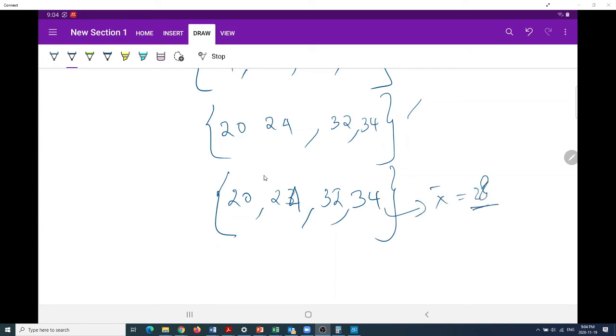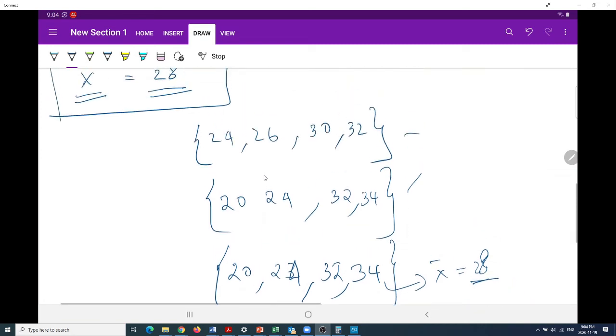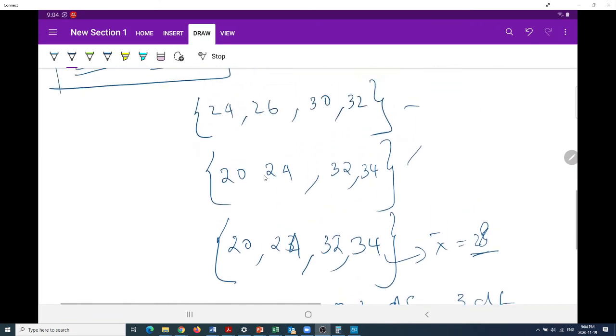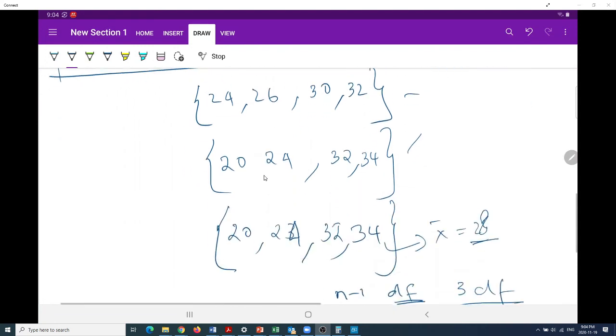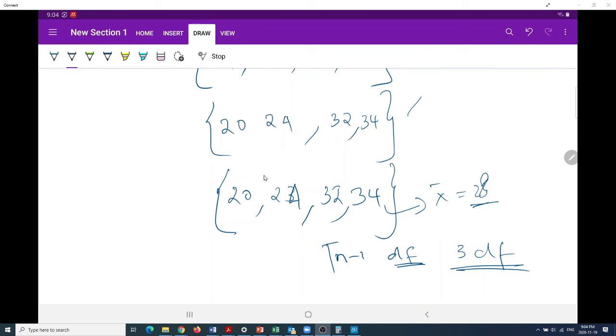And this is the idea of n minus 1 degrees of freedom, where n is your sample size, and this has 3 degrees of freedom because your sample size is 4. So anytime when you're trying to think about variances and you're interested in sample means, whenever you're trying to find out the variance, or the sample variance to be more specific, you only have n minus 1 degrees of freedom because of the fact that you already know the sample mean.